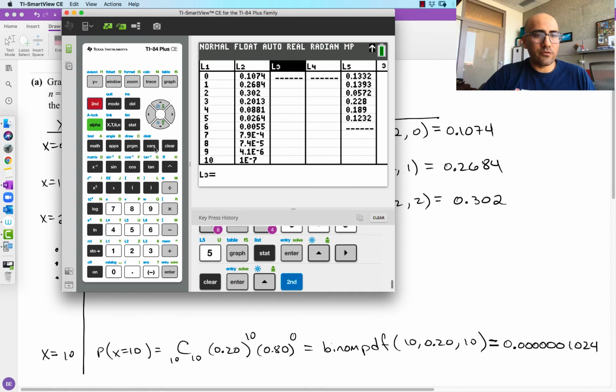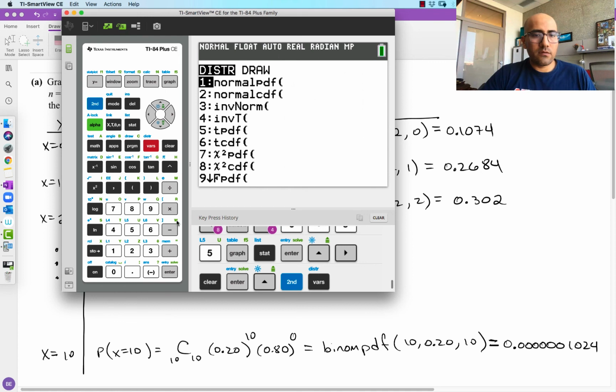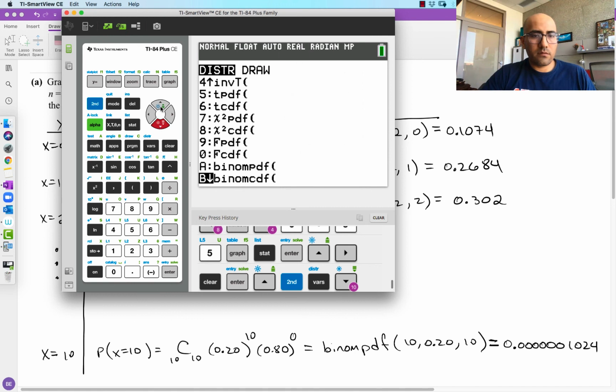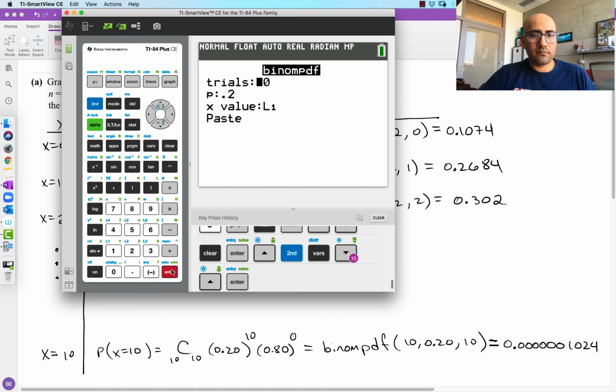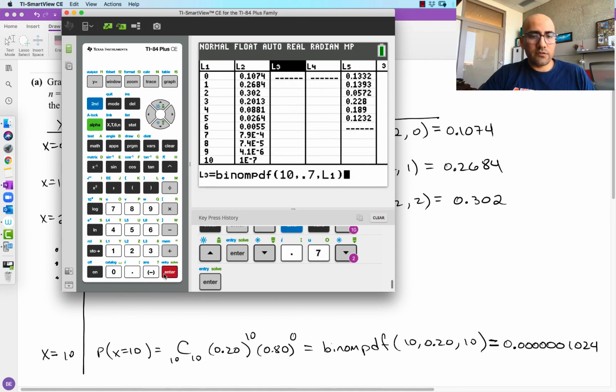So distribution, we'll keep 10 trials, but let's say that P equals 0.7. And then we're still going to leave the x values as L1, hit paste, enter.